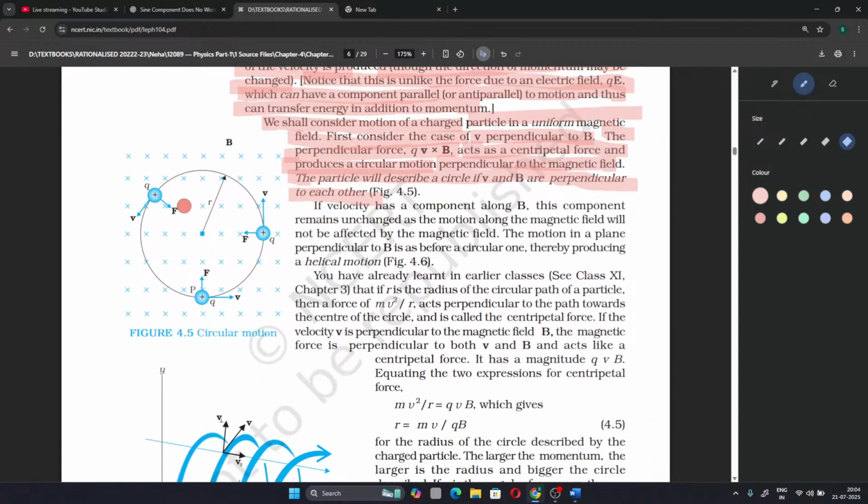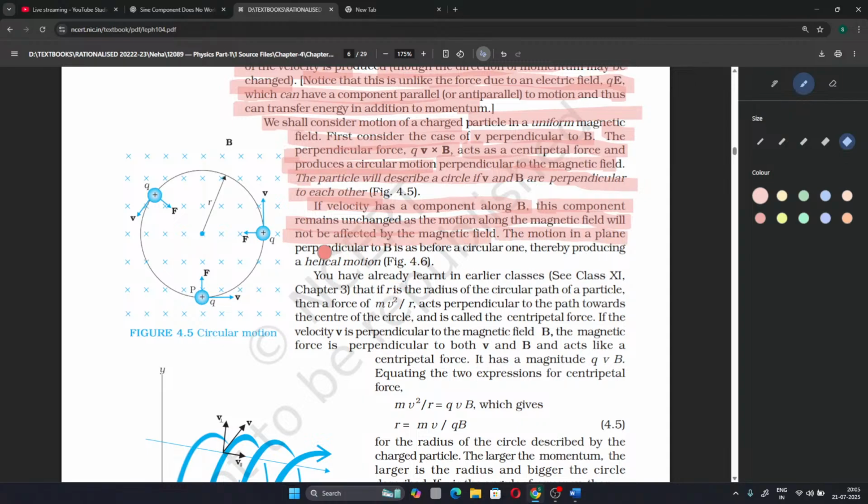The perpendicular force qvB acts as a centripetal force and produces a circular motion perpendicular to the magnetic field. The particle will describe a circle if v and B are perpendicular to each other. If velocity has a component along the magnetic field, this component remains unchanged, as the motion along the magnetic field is not affected by the magnetic field.